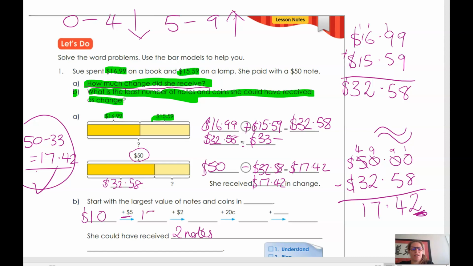Then we have $15 altogether, plus 2, which equals $17. Okay. And plus 20 cents equals $17.20, plus 20 cents equals $17.40. So we've got 2 notes and 1, 2, 3 coins.